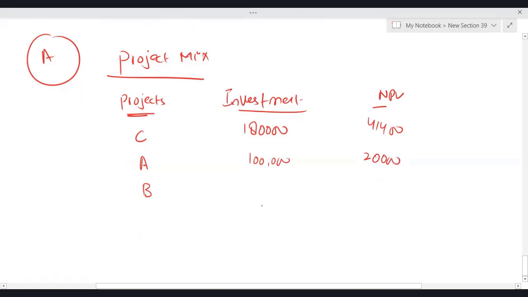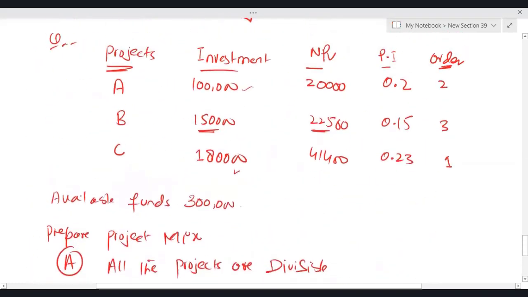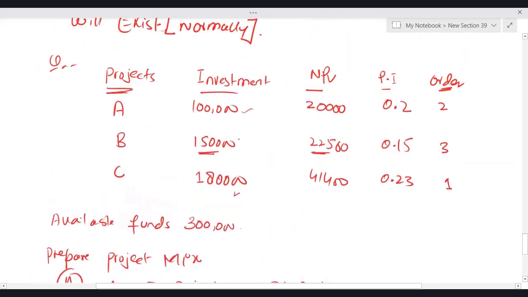Now, we have available funds of 300,000, but we have already invested 280. So the balancing figure is 20,000. Since all the projects are divisible, we can invest this 20,000 in project B. Project B actually requires an investment of 150.